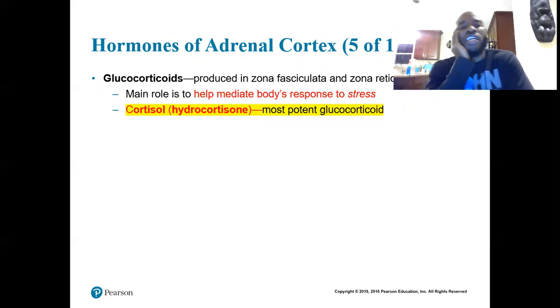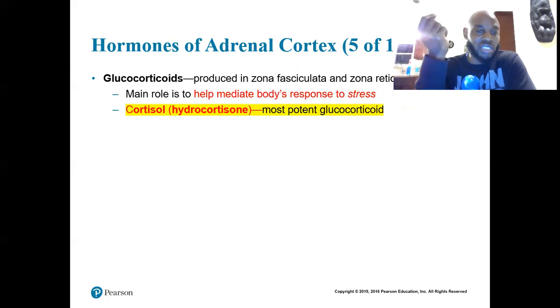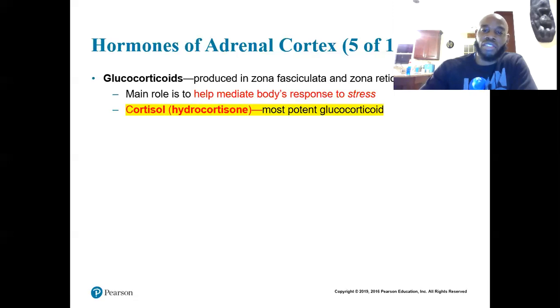When you have stress, and people call stress the silent killer, your body releases cortisol from the adrenal cortex, right? But if you're constantly releasing cortisol, that is not considered a good thing. It is not good if you're consistently stressed out, so to speak.